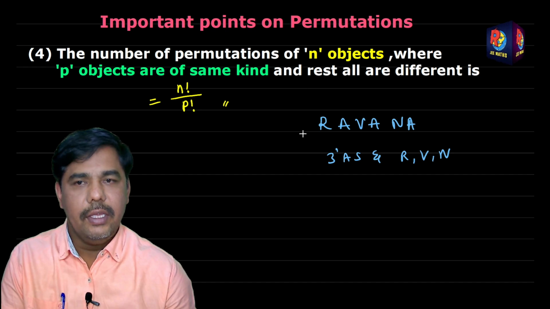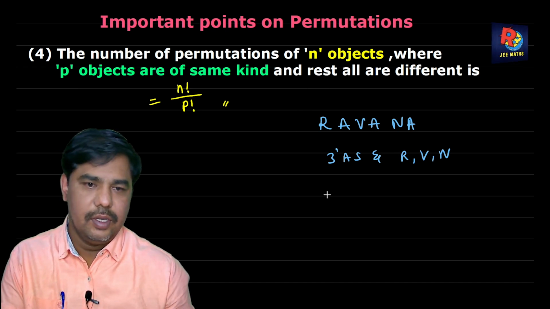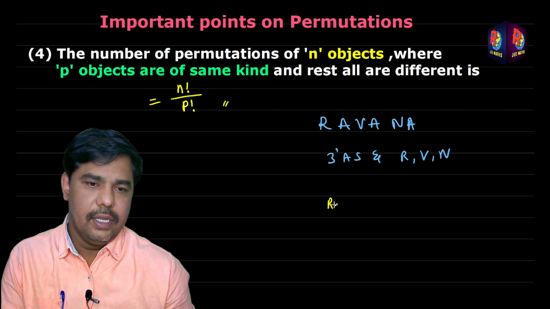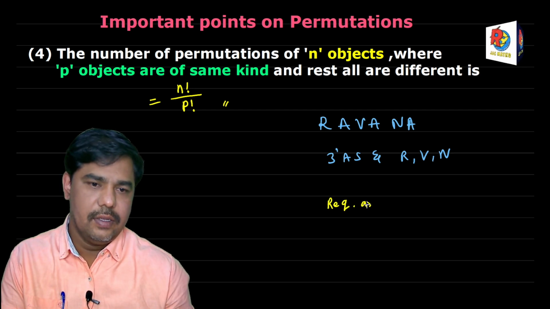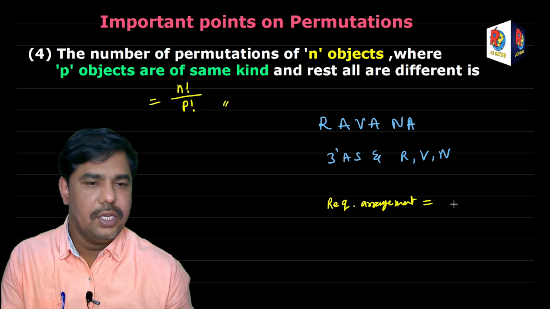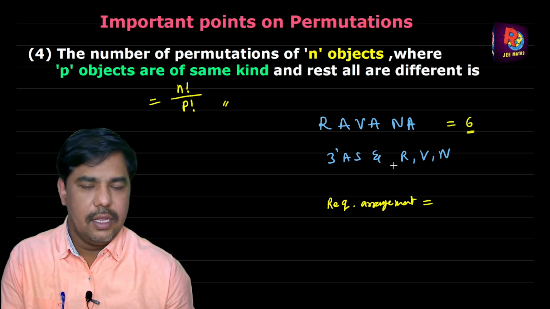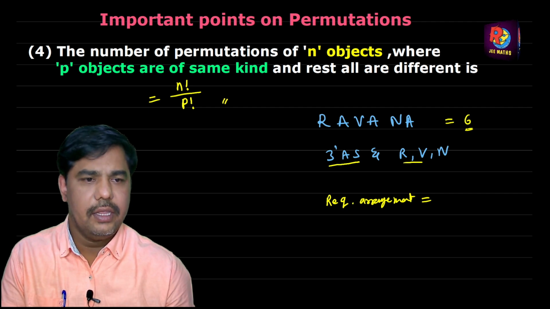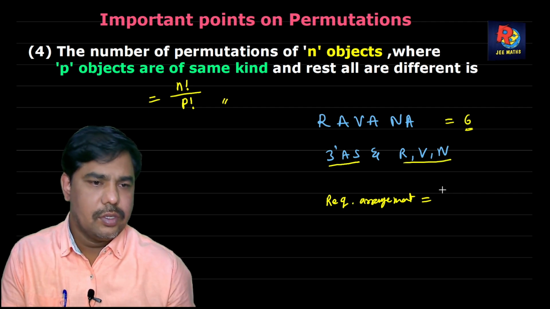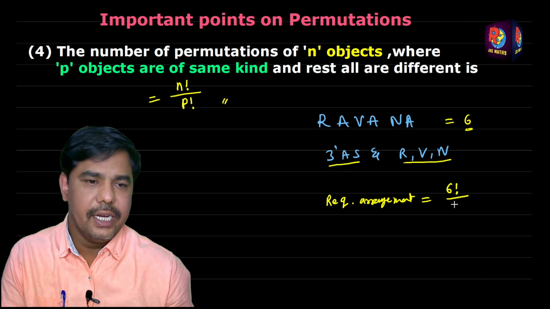In total how many objects are there? 6 objects are there. So the required arrangement equals, total 6 letters are there. In this, 3 A's are repeated and 3 are not repeated. So it will be arranged in 6 factorial divided by whatever repeated letters are there.